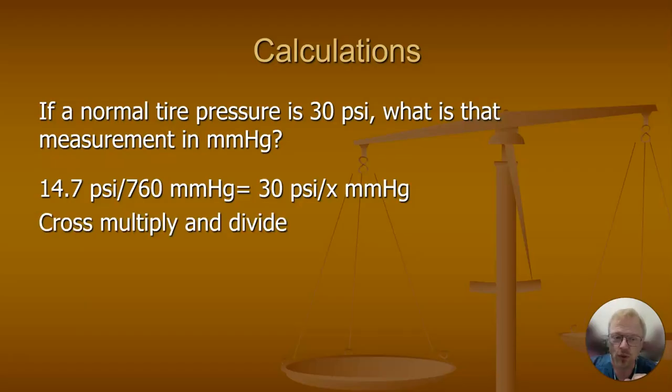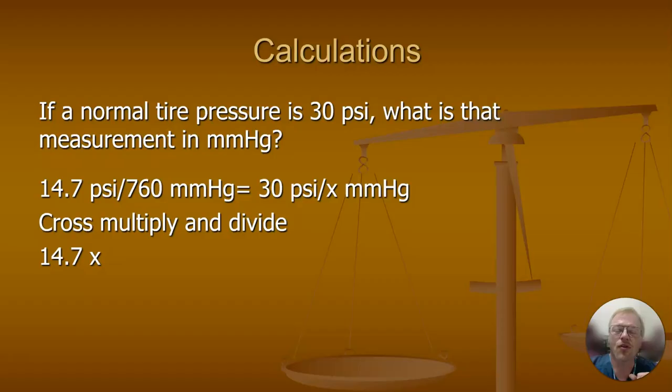So again, we're going to cross multiply and divide. So I'm going to take the 14.7 in the top left corner times the x in the bottom right, and that's going to give me 14.7x on the left.